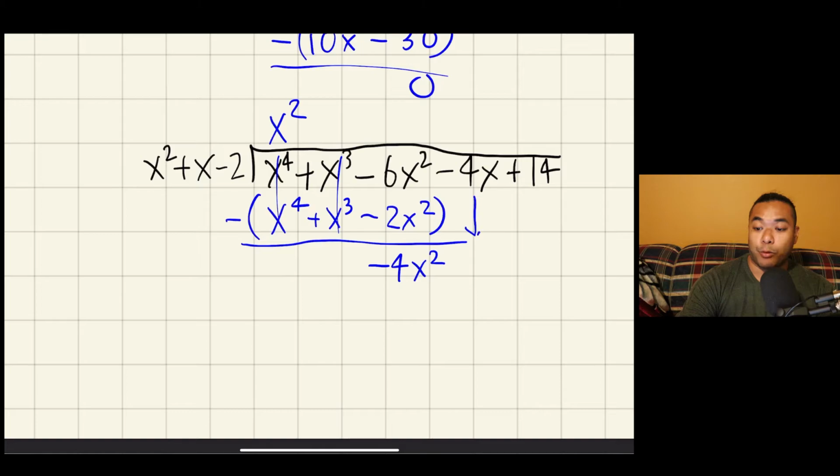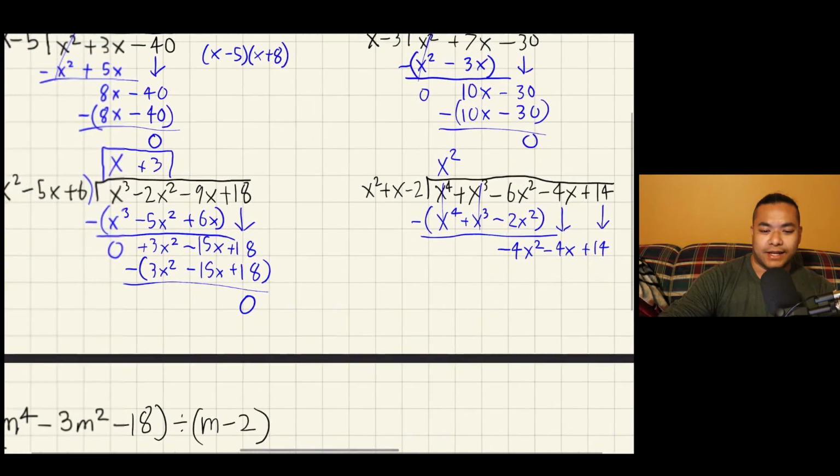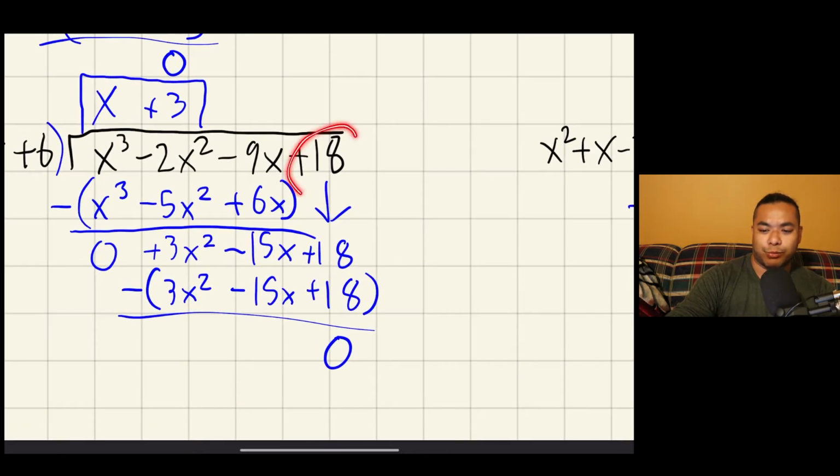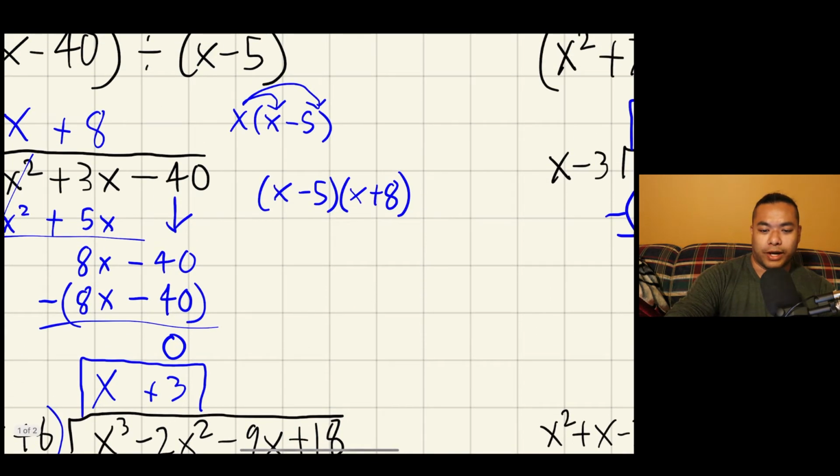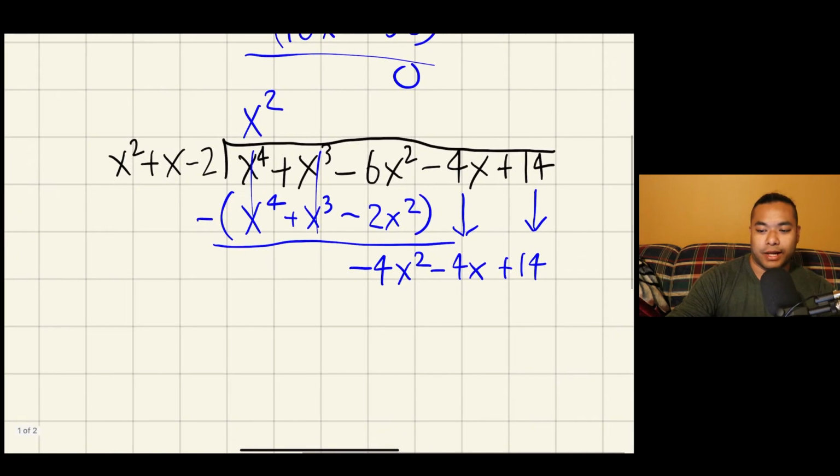Bring down both of these now, so I need to bring down the whole thing: minus 4x plus 14. The trick is we need to bring down whatever's left over. In the cases before, it was always just bringing down one thing, but here we need to bring down both.